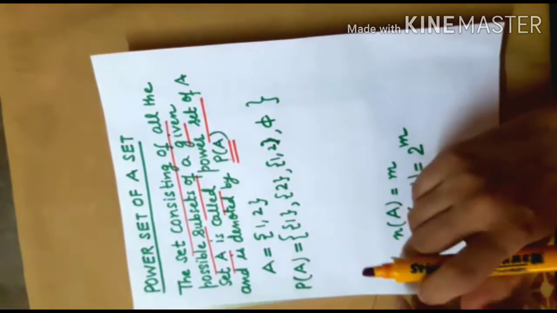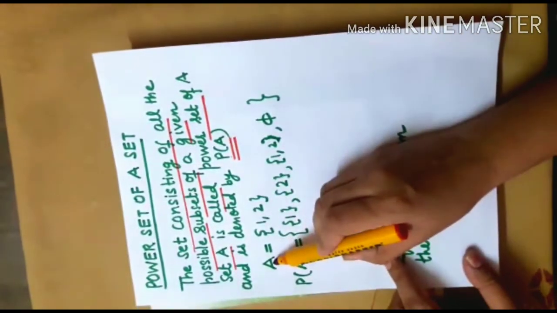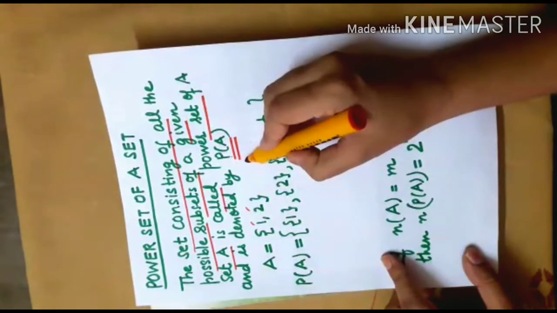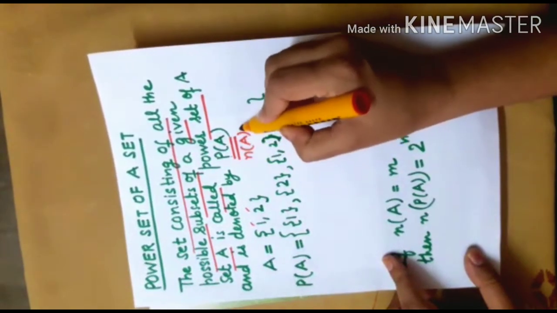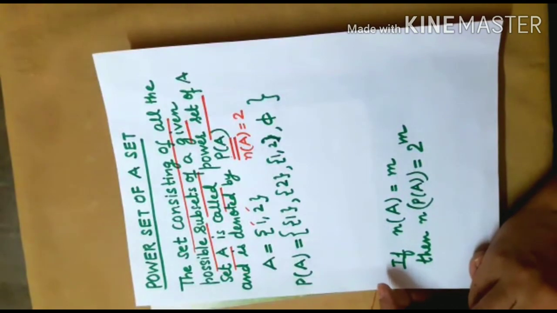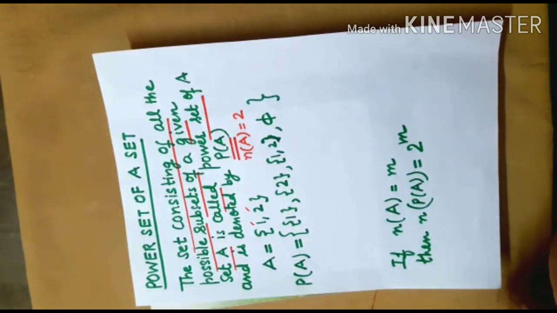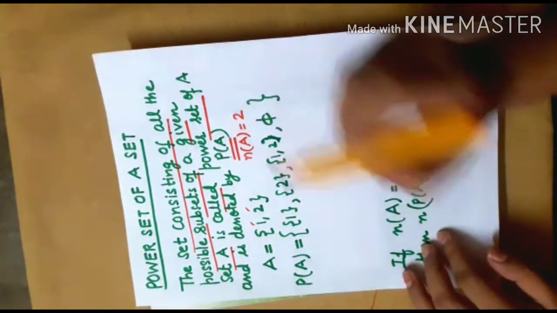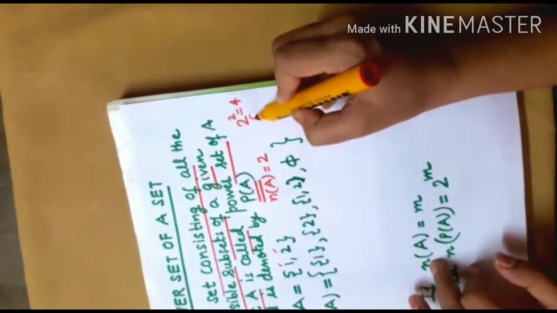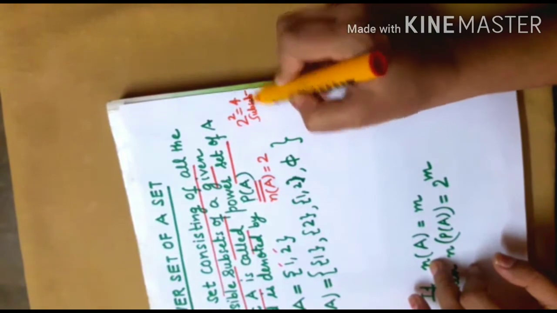For example, let us take a set A with elements 1, 2. Now the number of elements in the set A is 2. So we have learnt that the total number of possible subsets will be 2 raised to the power 2. That is 4 subsets.